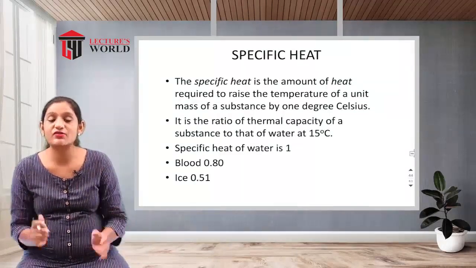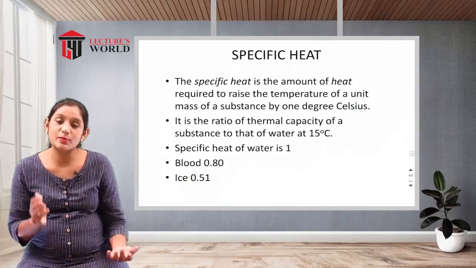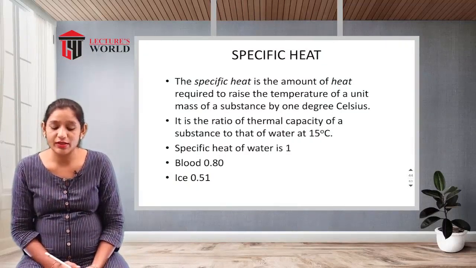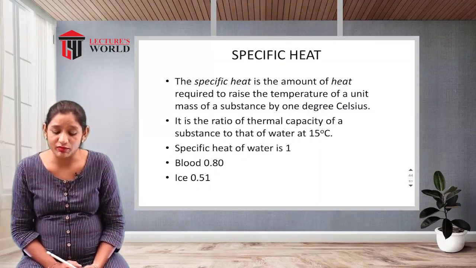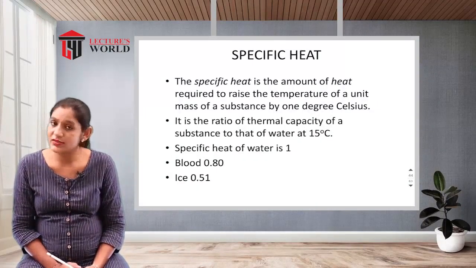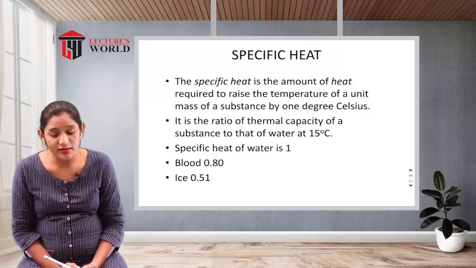Now, the specific heat. What is called specific heat? Specific heat is the amount of heat required to raise the temperature of a unit mass of a substance by 1 degree Celsius.